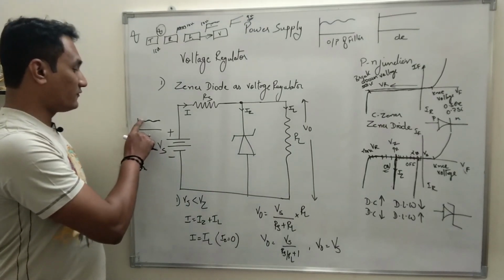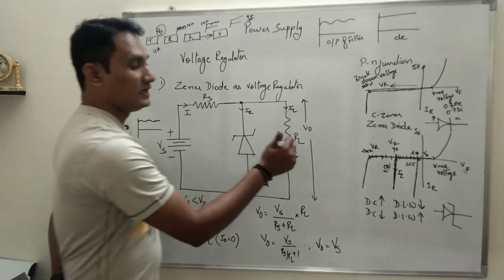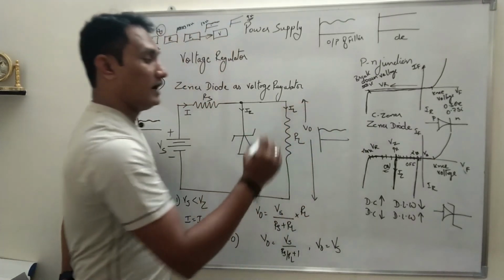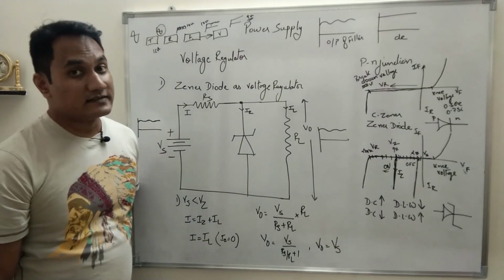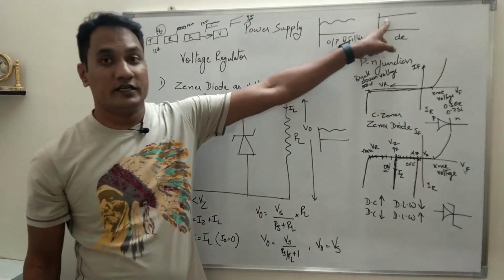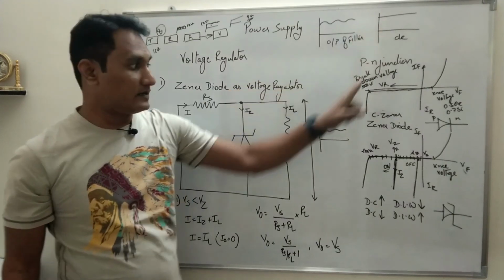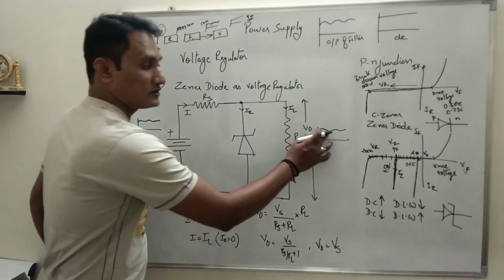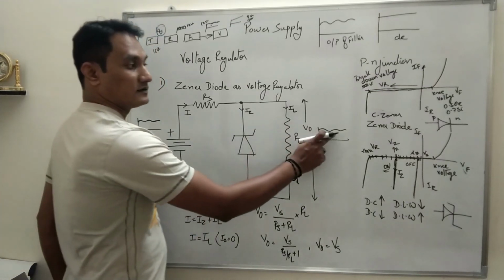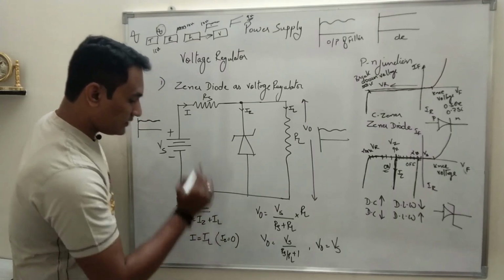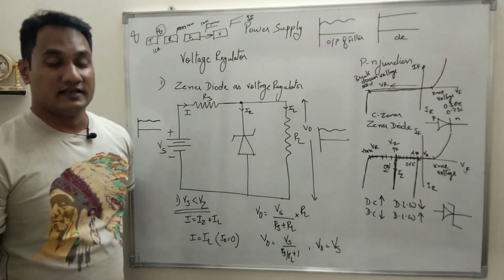If there is a fluctuation in the input voltage, that fluctuation will appear at the output. Is that acceptable? We wanted the output to be a pure DC, a straight line. Are we getting that? Of course not. The fluctuation which was there in the input appears across the output when Vs is less than Vz.